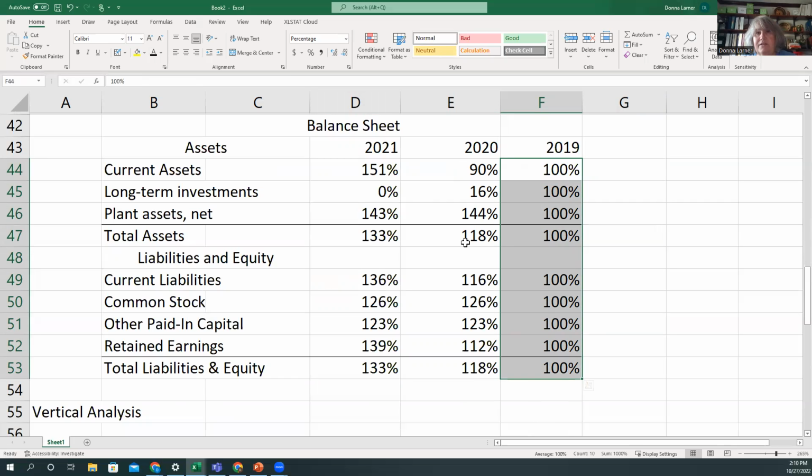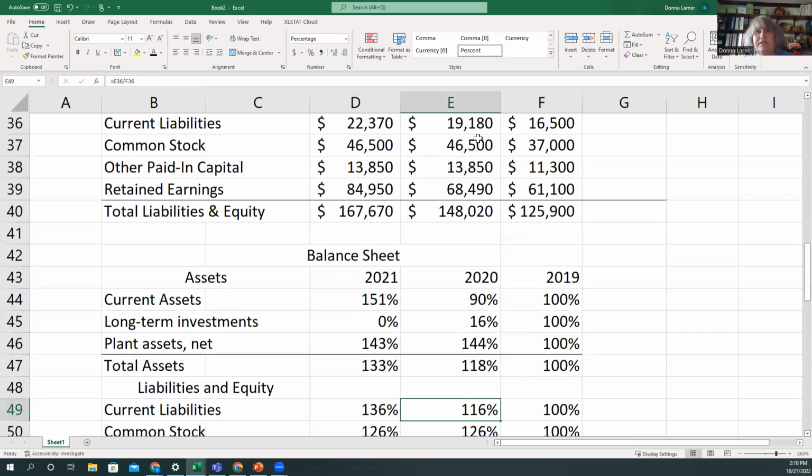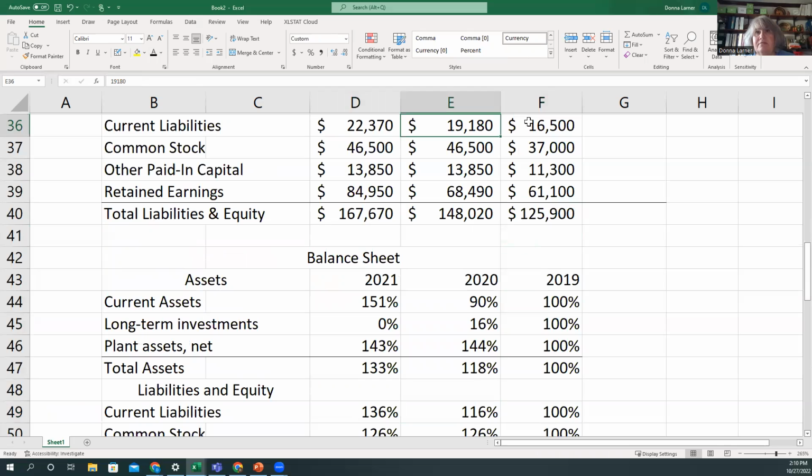And then you take the dollar amounts of the item for the next year. So for example, current liabilities, 19,000 divided by 16.5, the base year amount, and that gave us 116%. Then current liabilities jumped even more, so they're 136% of the base amount.